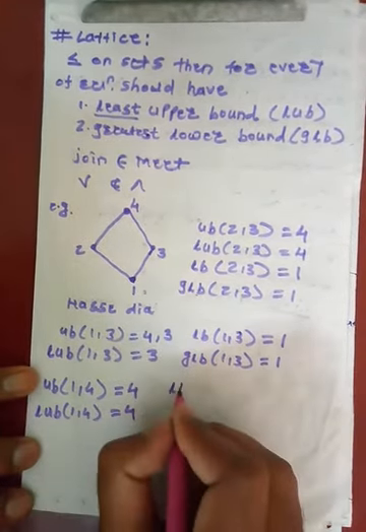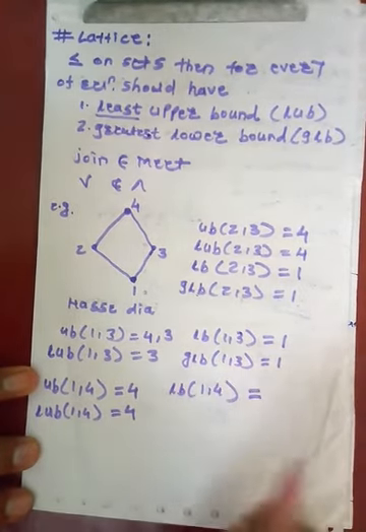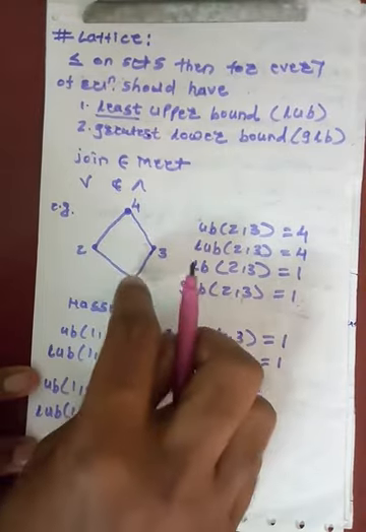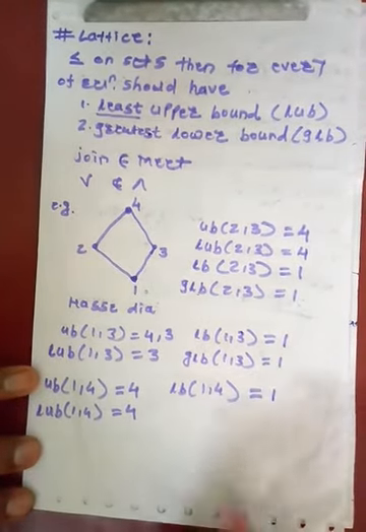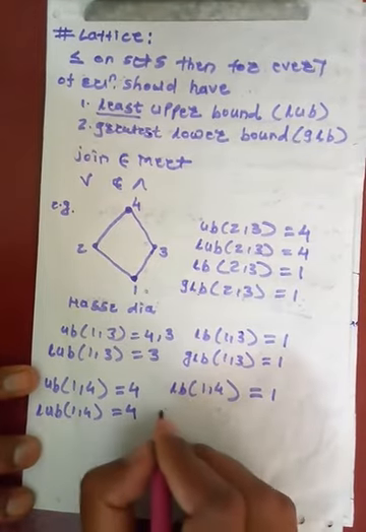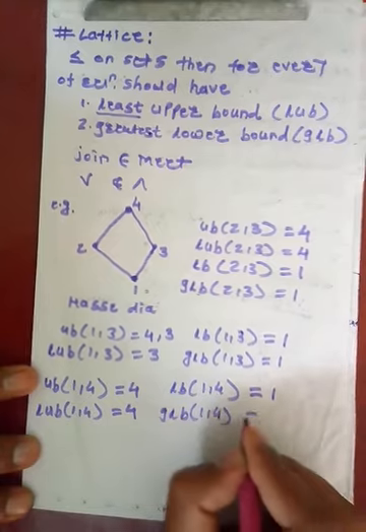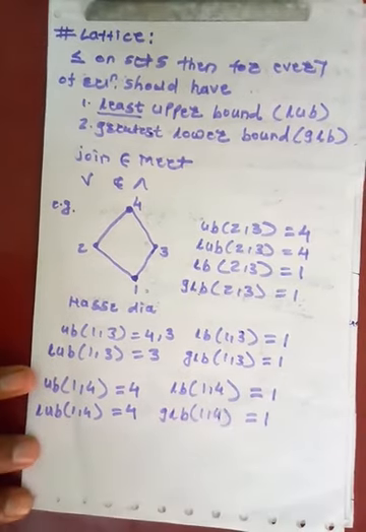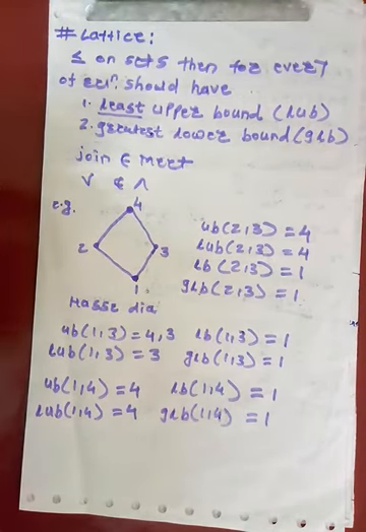Then the lower bound of 1, 4 is 1, the one at the lower level, and the greatest lower bound of 1, 4 is again itself. So this is about the lattice.